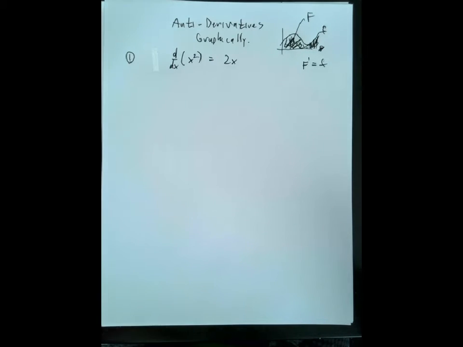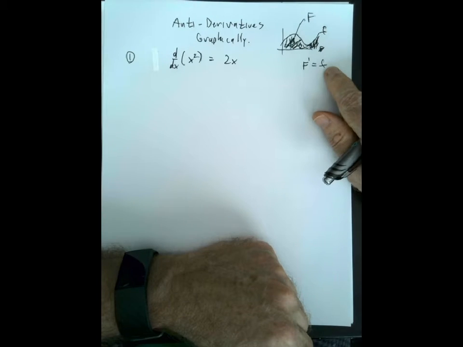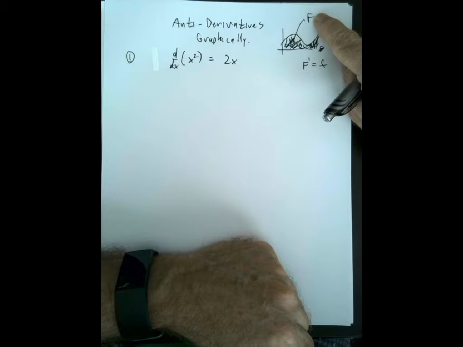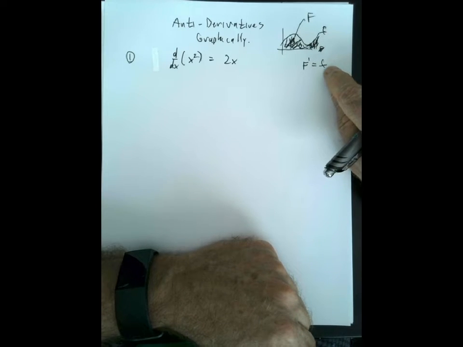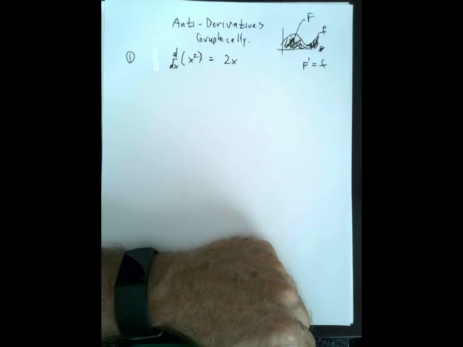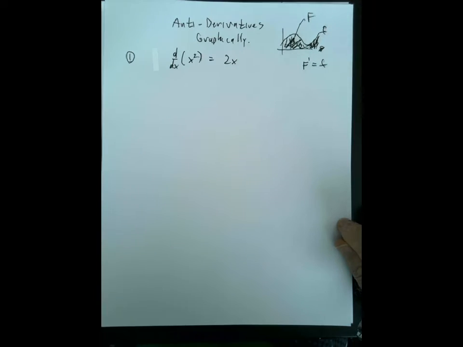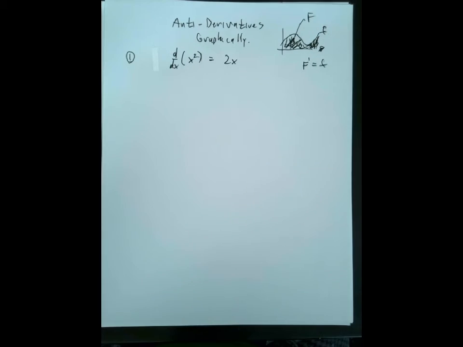We didn't do much with that, but we noticed that it was true. So if we start with capital F, we calculate a derivative to get to little f. But if we start with little f and work backwards, we're calculating something called the antiderivative. We know a little bit about that because I spent some time with power functions at the beginning.